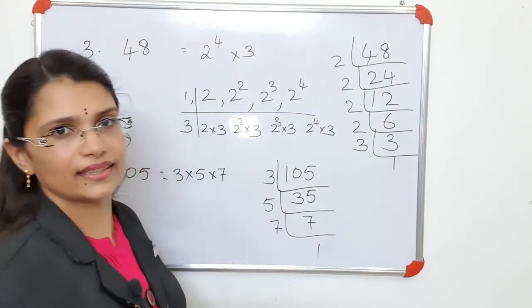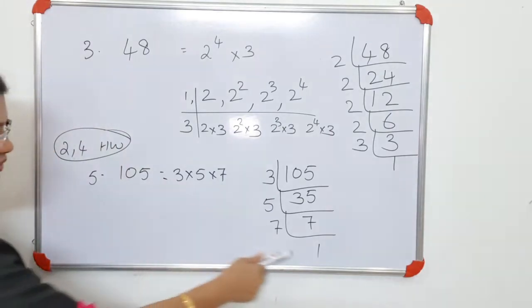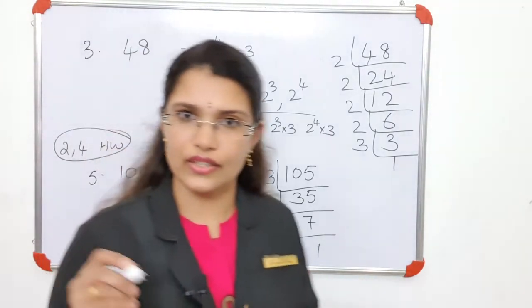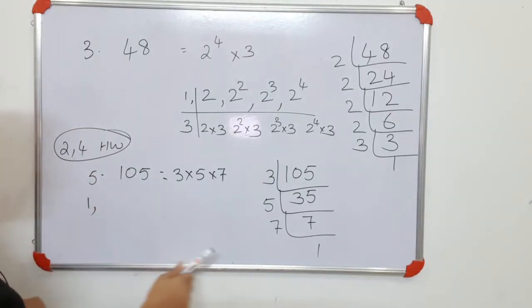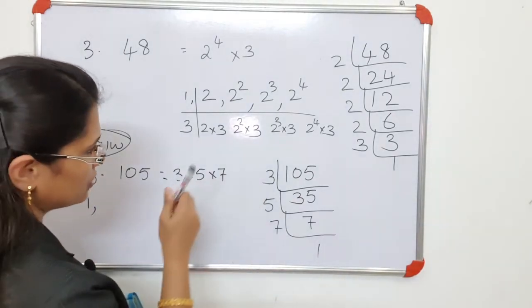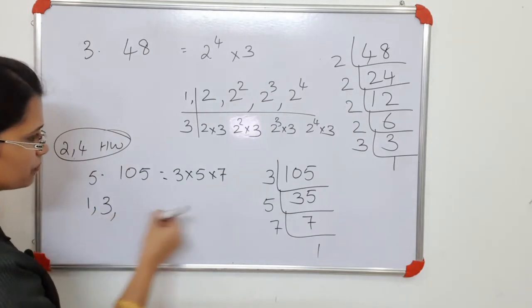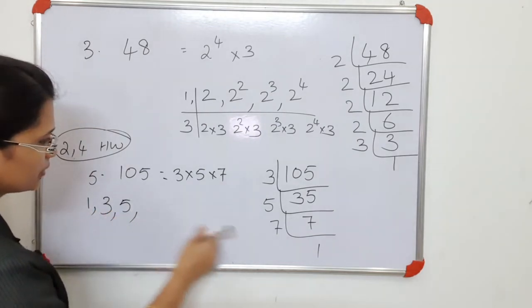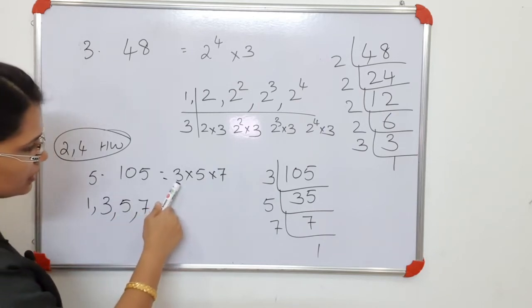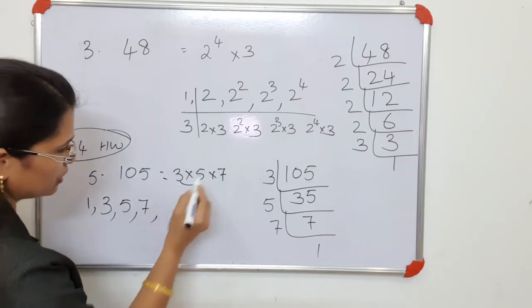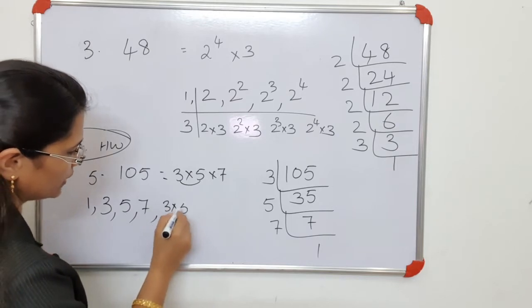So how can you write this? So first write 1. 1 is a factor of every number. So write 1. Then 3 is a factor. 5 is a factor. 7 is a factor. Okay. Then 3 into 5 also a factor. 3 into 5.